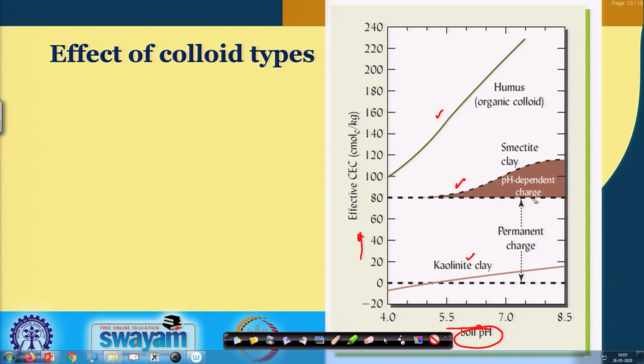When the soil has more pH, that means more than 6, then some amount of pH dependent charge is generated in the smectite. So, you can see a slight increase in their effective cation exchange capacity.